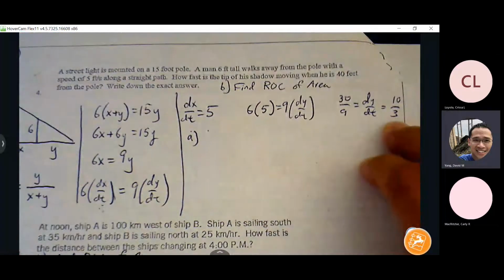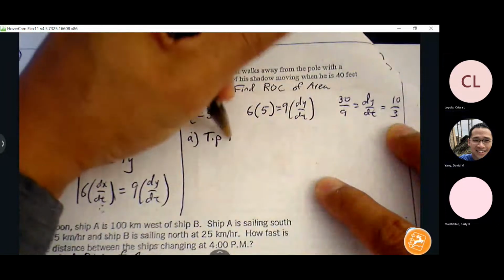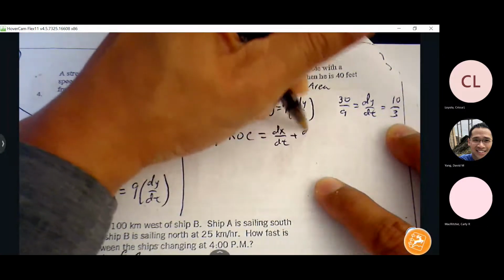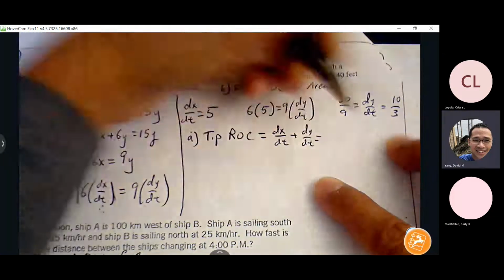That's the length of the shadow increasing. So the tip of the shadow is just adding the two rates together. 25 thirds. Yeah.